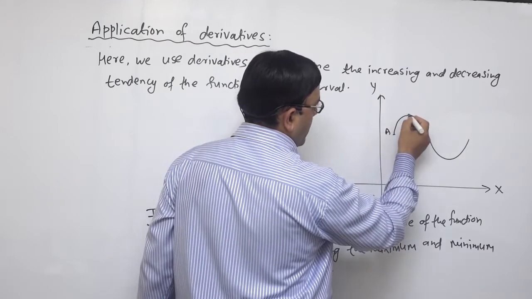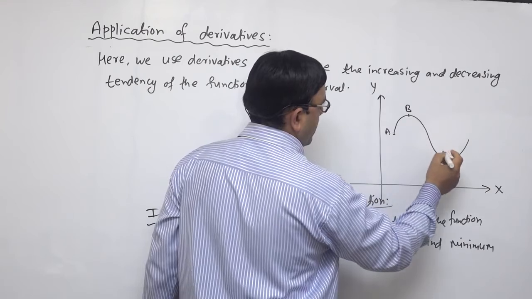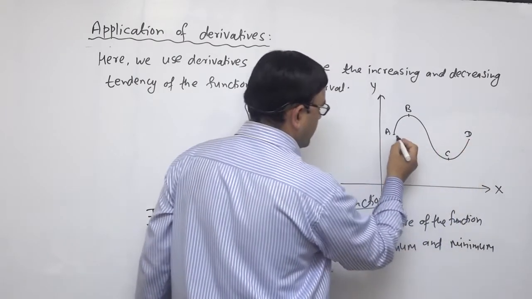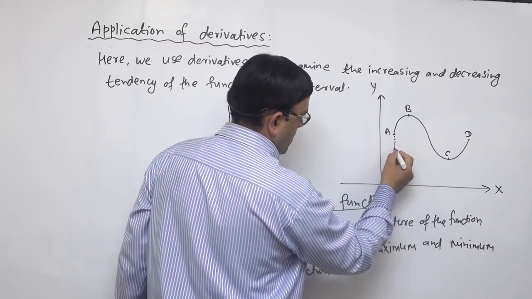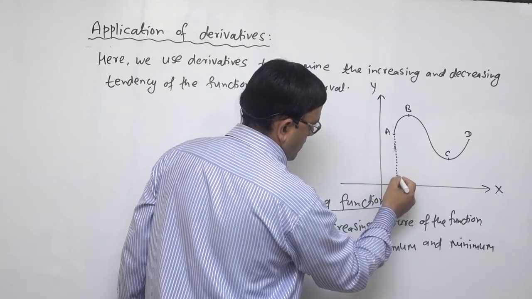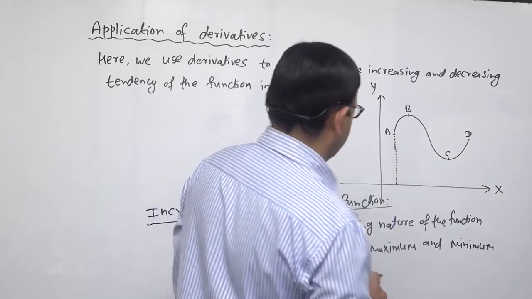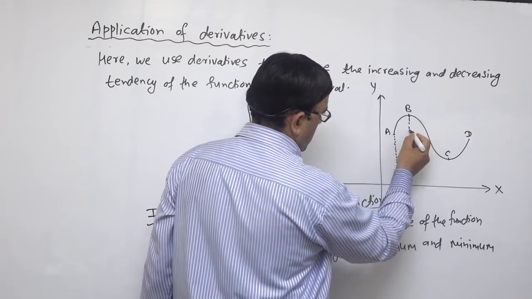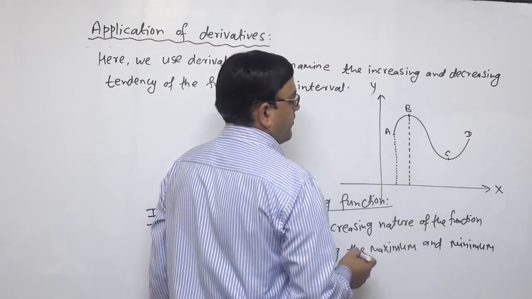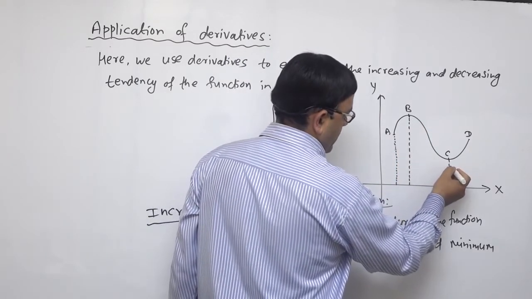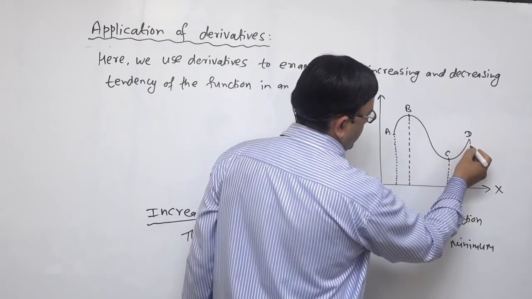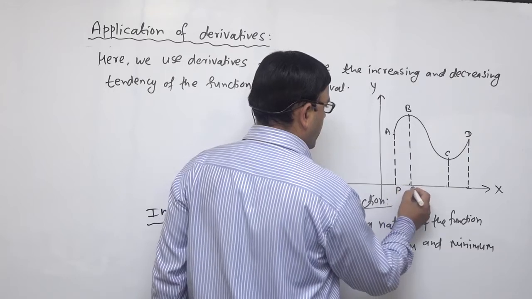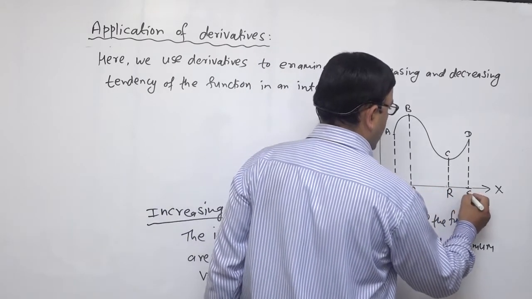This point is A, and the maximum point we can write D. So let us draw perpendiculars by dotted lines from the points A, B, C and D, and we can name the feet P, Q, R and S.